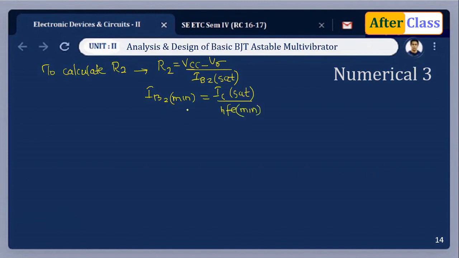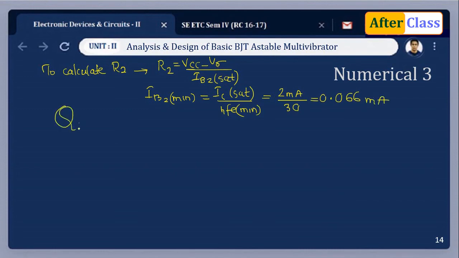Now what is IB2 minimum? IB2 minimum is the minimum value of base current which is required to trigger the transistor to on condition, with HFE minimum again given in the problem statement. So we can calculate IB2 minimum as 2 milliamperes divided by 30. So it is 0.066 milliamperes.